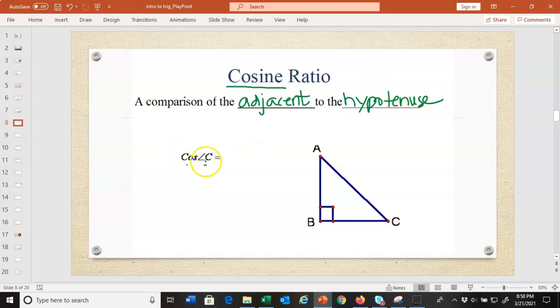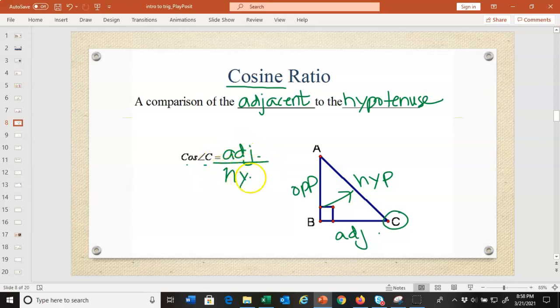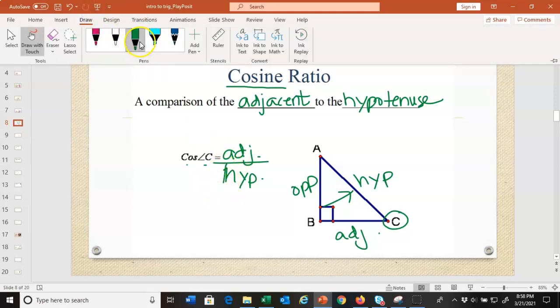So this time we're still going to use C. That's our angle of perspective. We label it the exact same way. So opposite here, adjacent, and hypotenuse. So cosine is adjacent over hypotenuse. So you literally take the number that's on the adjacent side and put it over the hypotenuse.